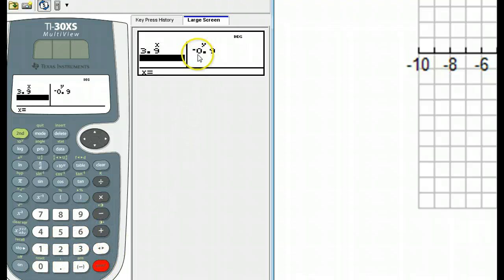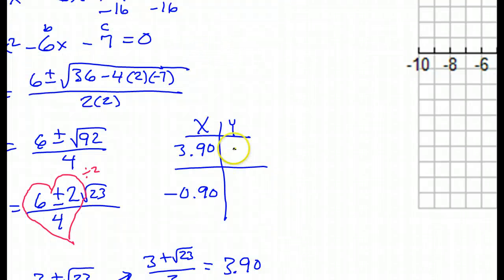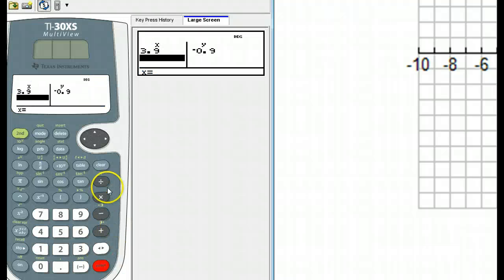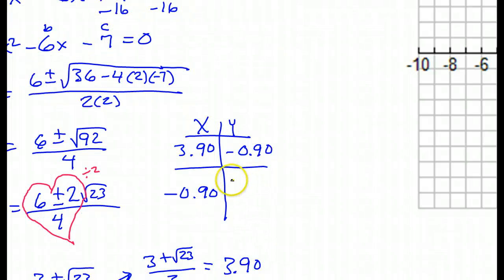And it gives me the y value of negative 0.90. Alright, I'll give an x value of negative 0.90. Alright, and that gives me a y value of 3.90.